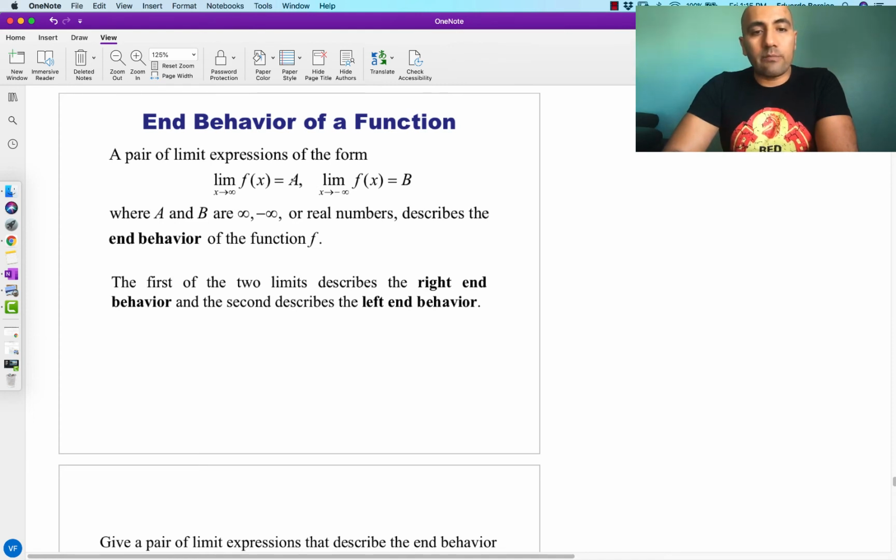Is it growing toward positive infinity, toward negative infinity? Is it growing toward some constant? Or is it bounded between something, like a sine or a cosine? Okay. So the first of these two limits describes the right end behavior, and the second one describes the left end behavior. Right? So right end behavior because it's growing toward positive infinity, or left end behavior because it's growing toward negative infinity.